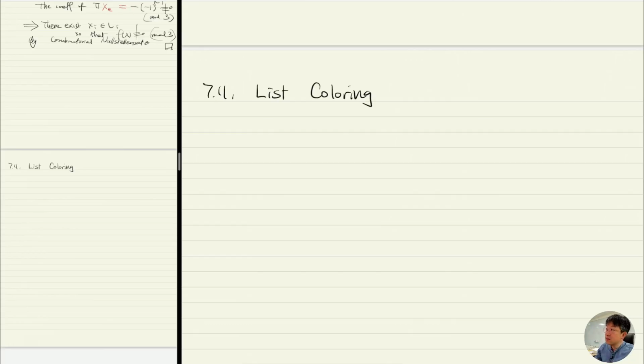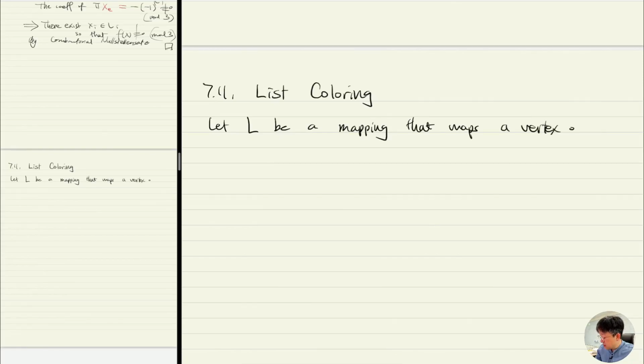So that is written as L. Let L be a mapping that maps a vertex of G to a set L(v) of colors available to v.